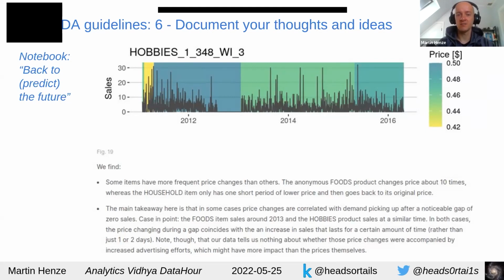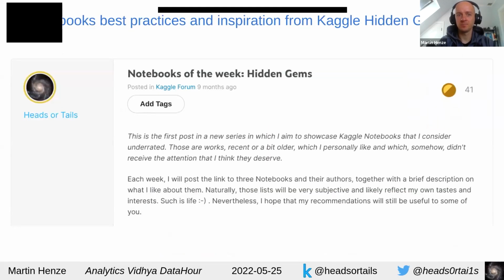But if you immediately write down, okay, in this plot we see this and this and this, and that's important because of that reason, then it's the same way as documenting your code, right? So that your code is accessible and readable. And the same way you should document your analysis with the insights that you find.